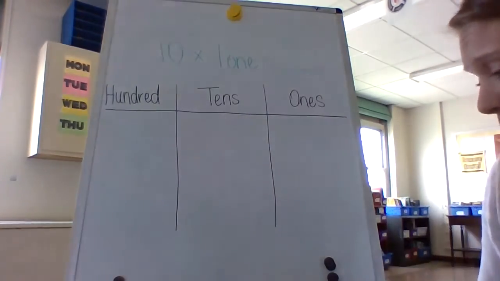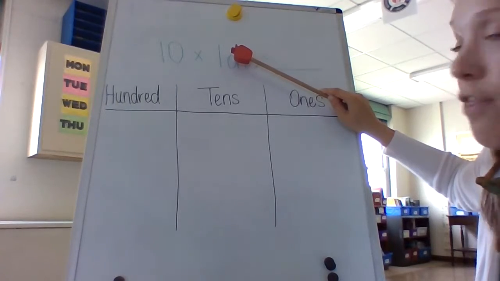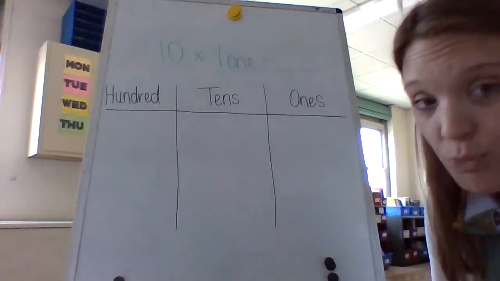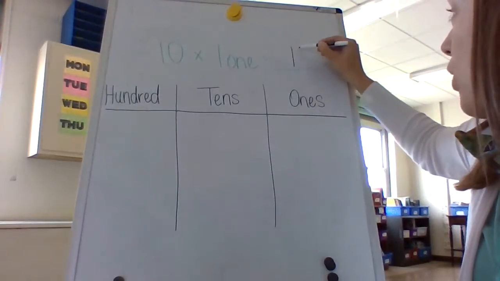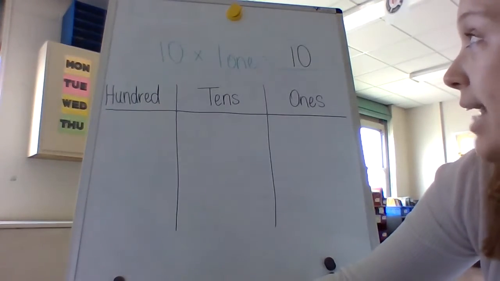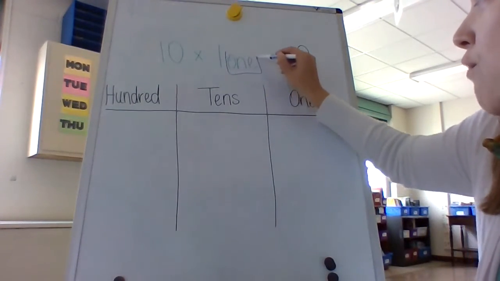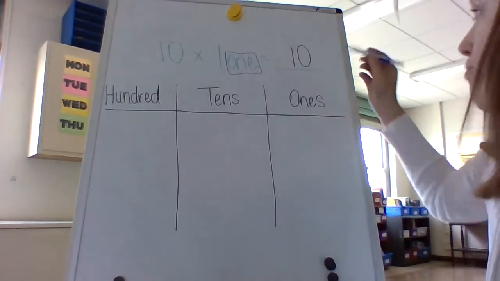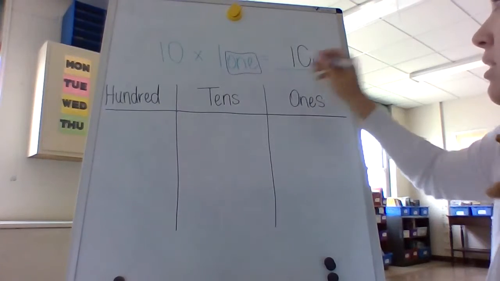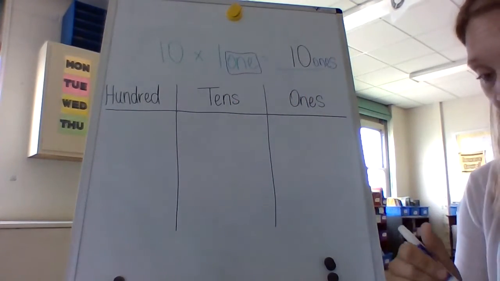You can cover up that word 1, and I just want you to think, what is 10 times 1? 10 times 1 is 10. We should know that very well. And then just carry over this unit into my answer, right? So 10 times 1 equals 10 ones.